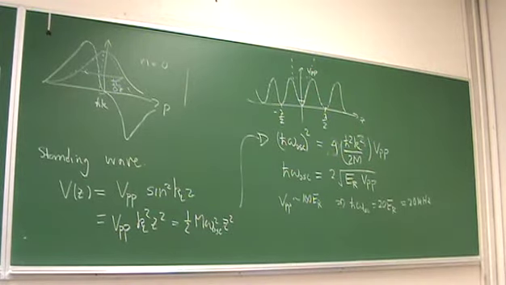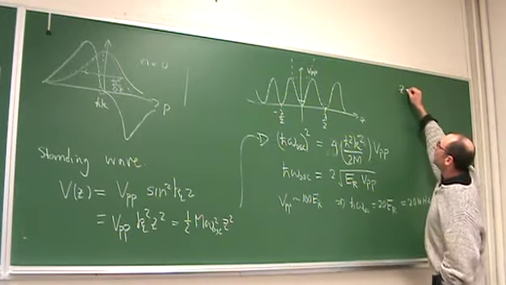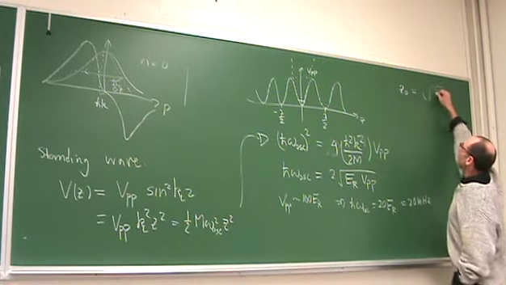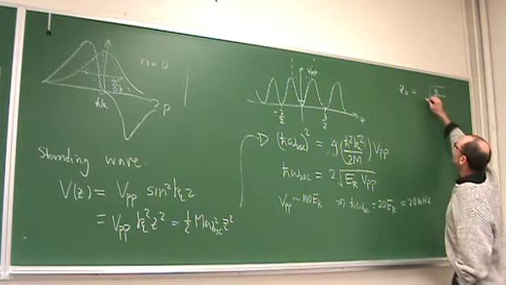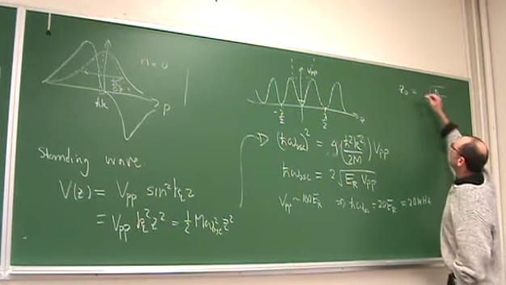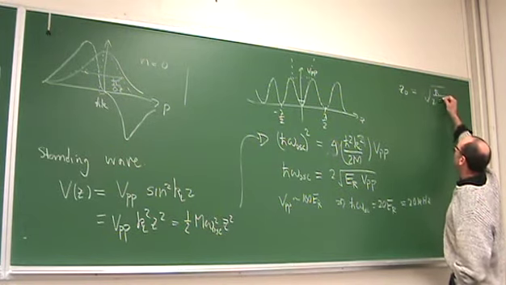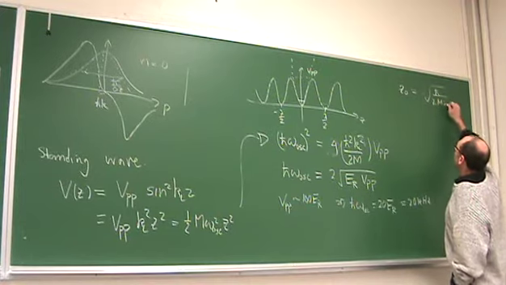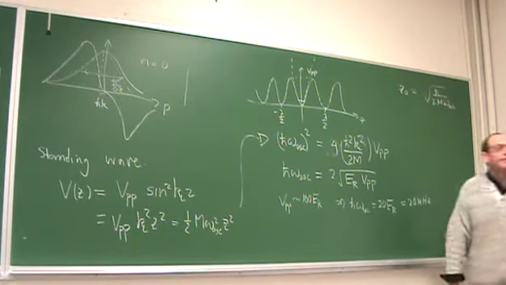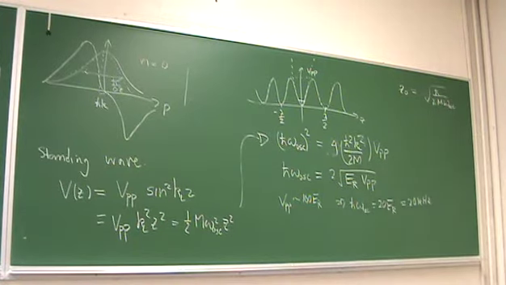What is the width of the ground state? You remember from basic quantum mechanics that the ground state has a wave packet width related to the mass and the oscillation frequency. Everyone remembers that one?